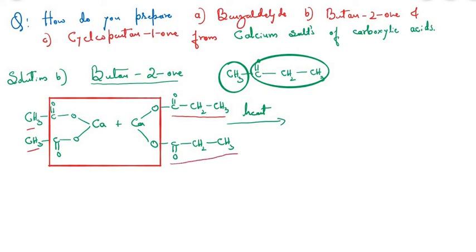So altogether 2 molecules of CH3 C double bond O, then followed by CH2 and CH3, plus 2 molecules of calcium carbonate. Thus we are having the product that is butan-2-one.